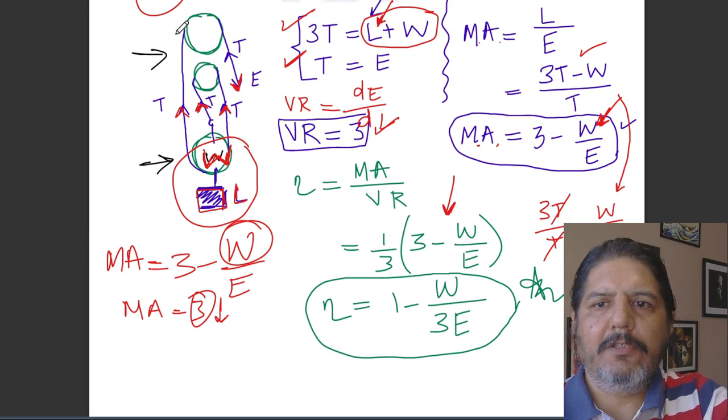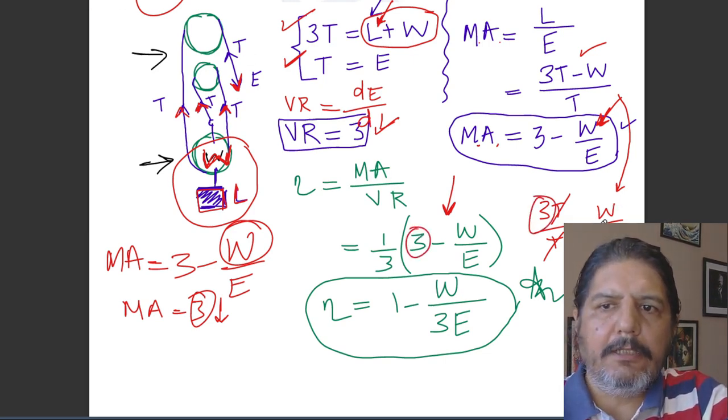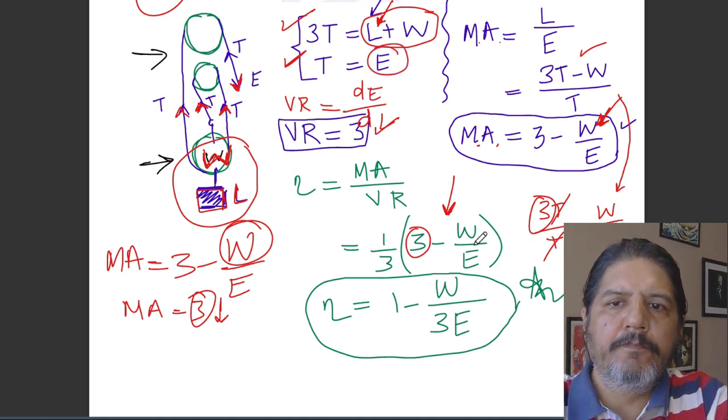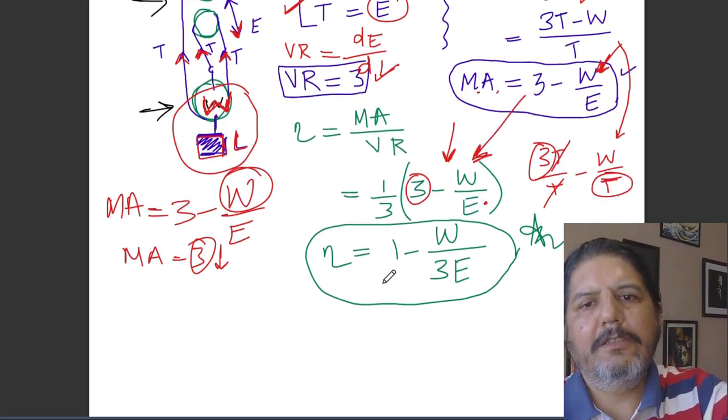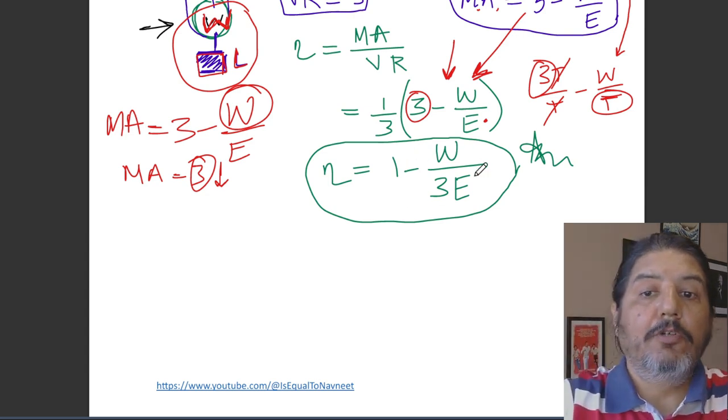The 3 remains the same, and this 3 is equal to this 3, but the tension has been replaced by the effort. So that is why you can see E here, this is derived from here only. So efficiency in this case would be given by 1 minus W upon 3.